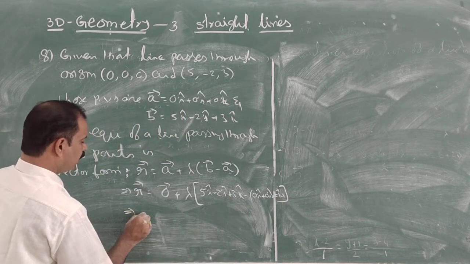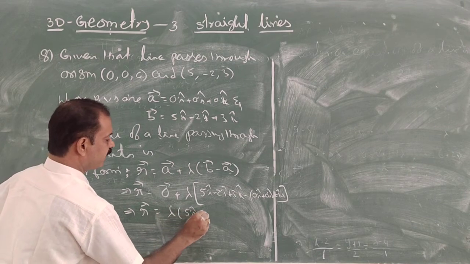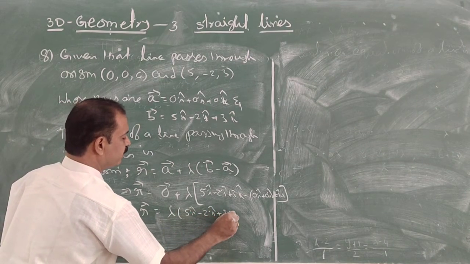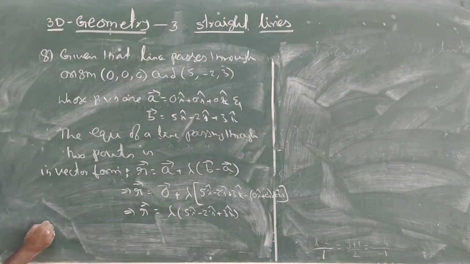That is r is equal to lambda into 5i minus 2j plus 3k. This is the vector form. What is the Cartesian form?